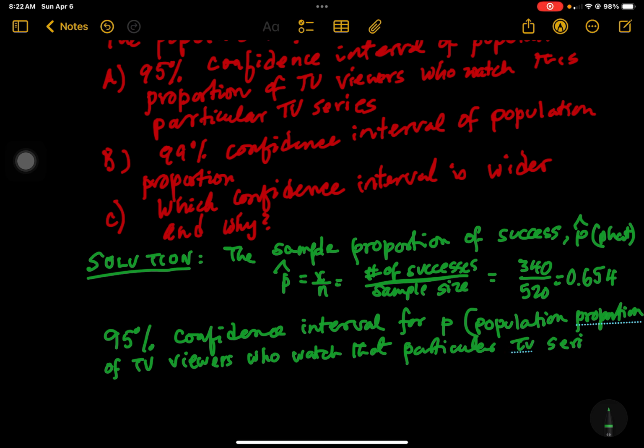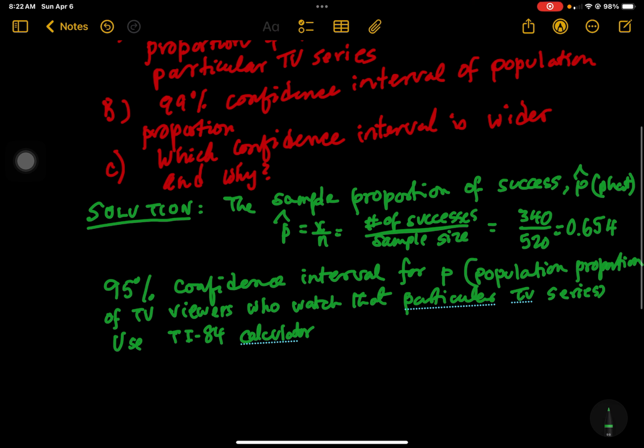Here we will be using TI-84 calculator, because that will be faster.